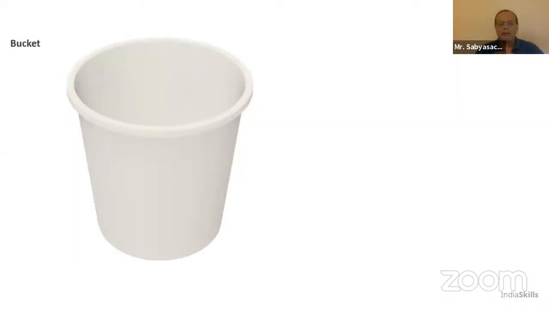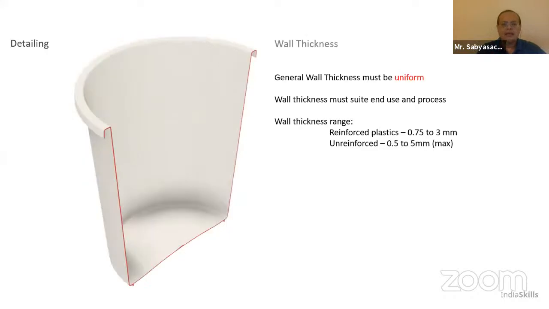So let's get back to our bucket. As a product designer, you must always start thinking about how to section things and how to look at your wall thickness. After you have your product ready, the first thing that you should think about is wall thickness.